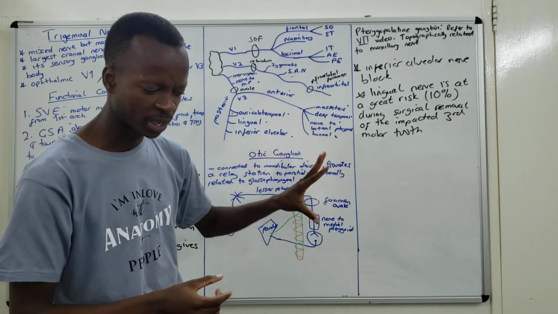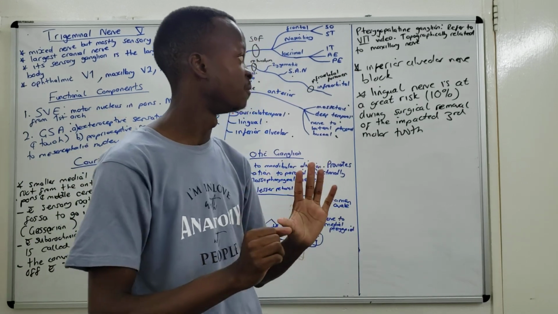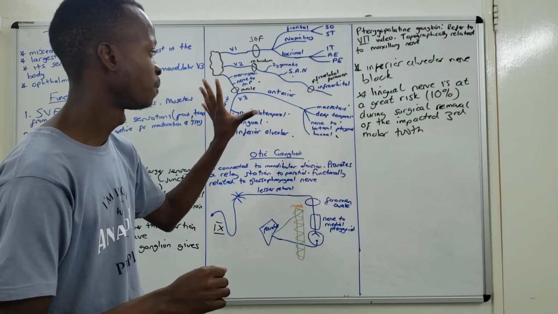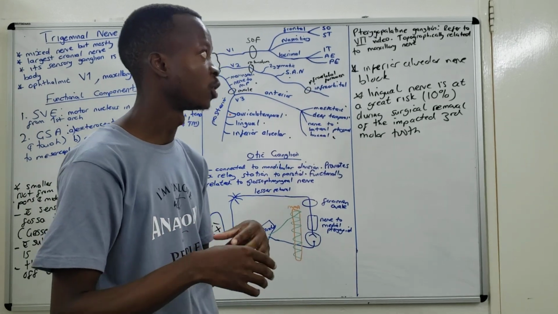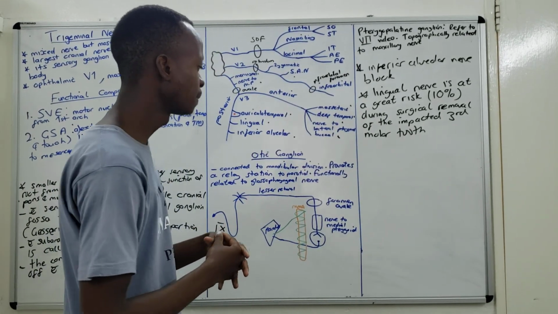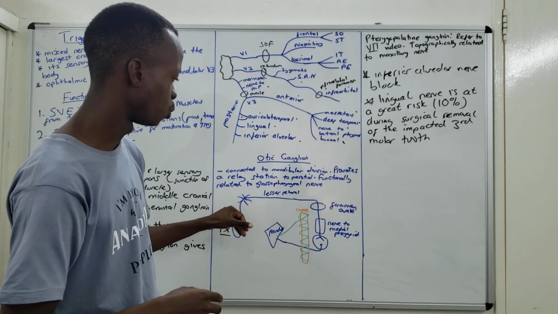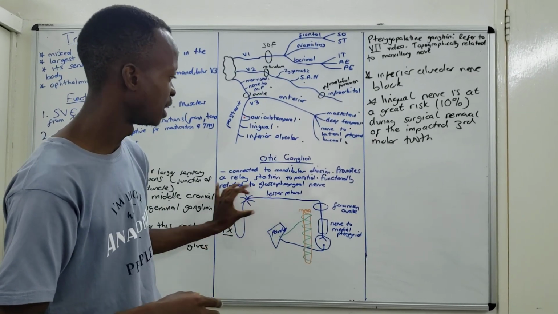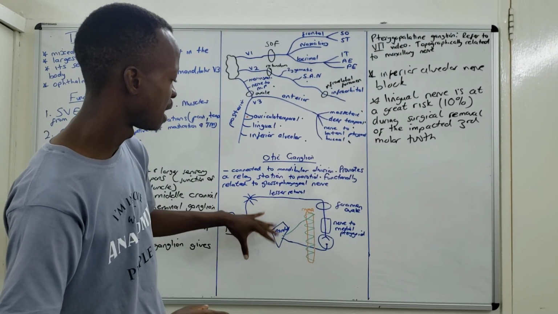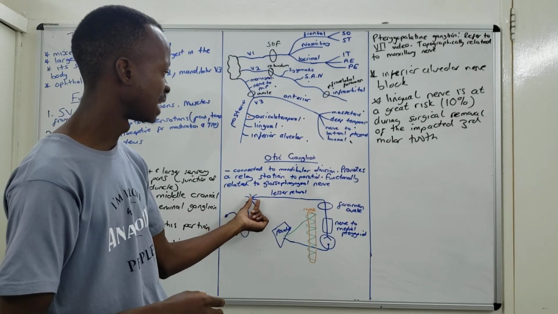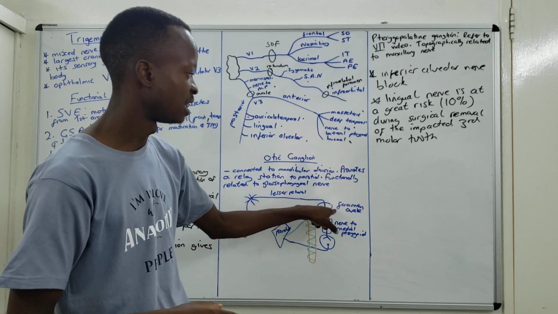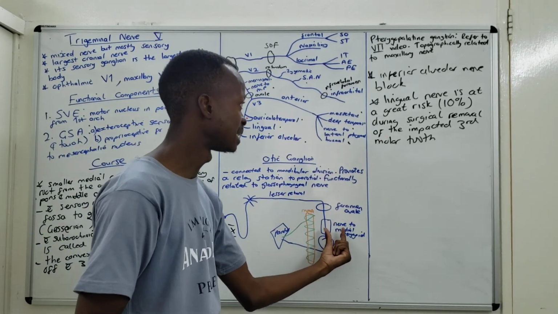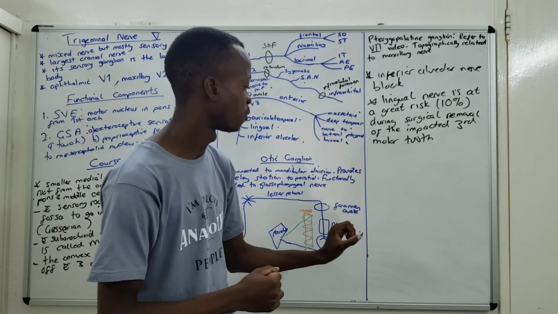The otic ganglion is connected to the mandibular division of your trigeminal nerve, but functionally it's related to the glossopharyngeal nerve, which is your cranial nerve number 9. So you're going to have your glossopharyngeal nerve, then it forms the tympanic plexus in the middle ear. Then exiting that will be the lesser petrosal nerve, which then exits the cranium via the foramen ovale to gain access into that infratemporal fossa.